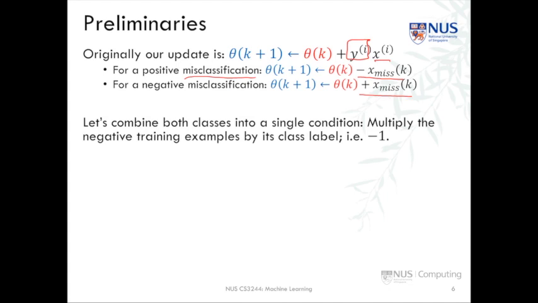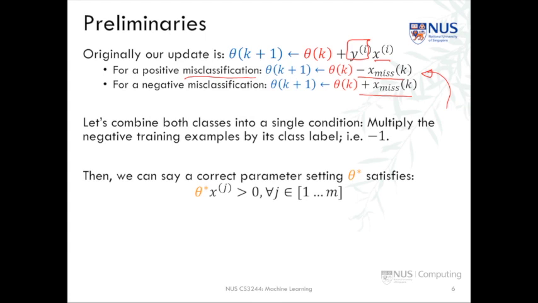But to make it easier math-wise, we want to combine both of the classes into a single condition. So we're going to multiply the negative case, which would contribute to the positive misclassifications over here, by -1. So we're going to be able to add everything together. So we can say that the correct parameter setting, let's say there is one, and there must be one if we have perceptron convergence, which means that we actually find a separating hyperplane between two classes.